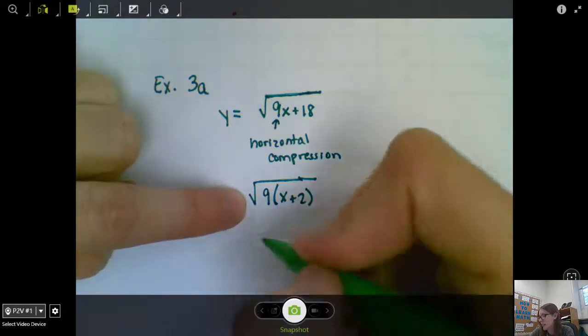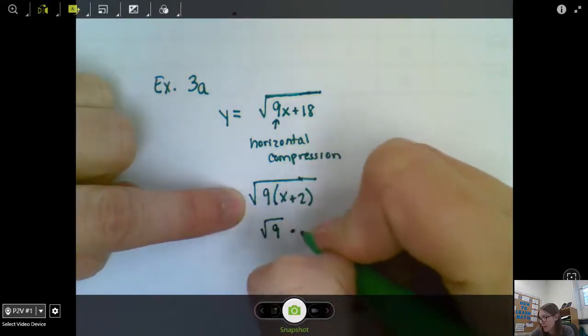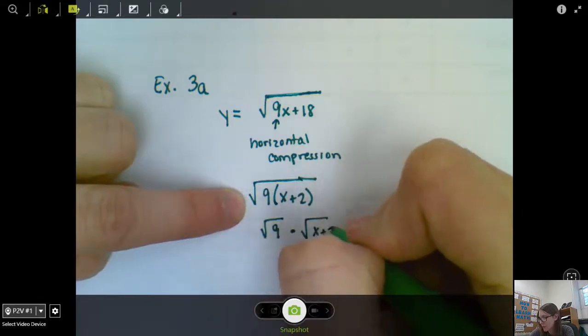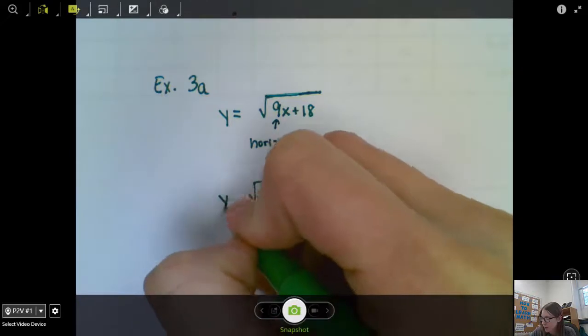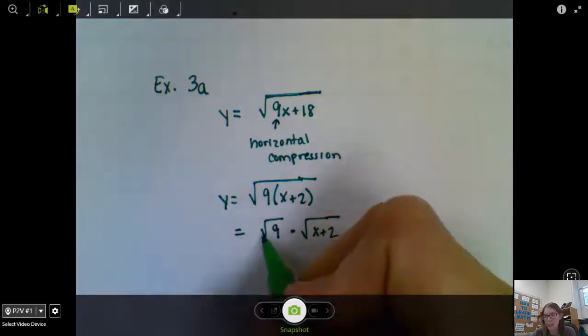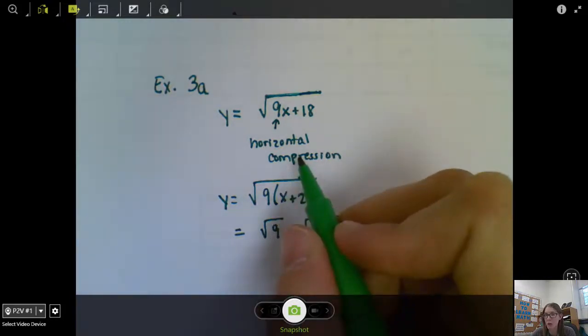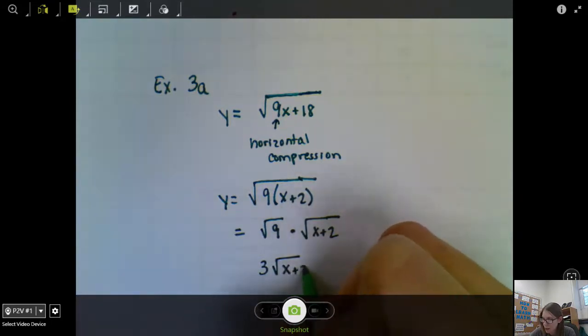And that's the same thing as the square root of 9 times the square root of x plus 2. And that's going to make our lives a lot easier, because then instead of thinking of this as a horizontal compression, square root of 9 is 3 times the square root of x plus 2.